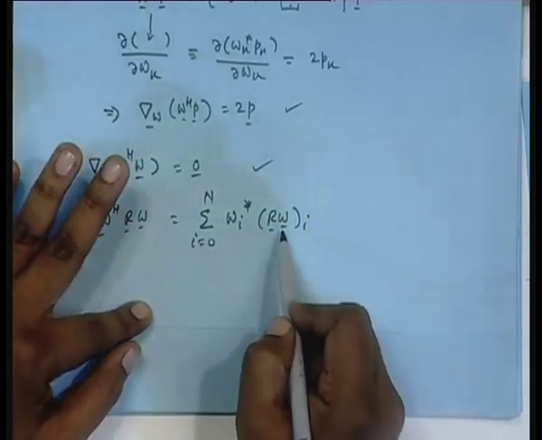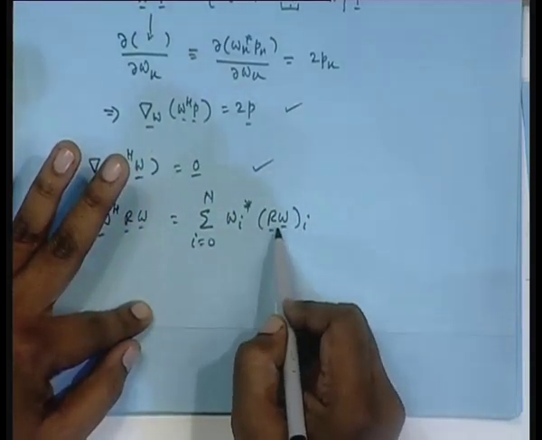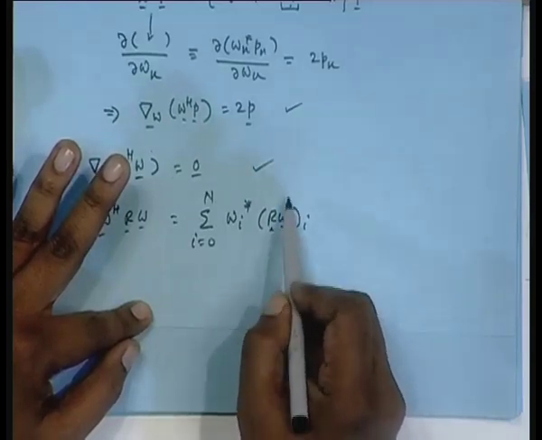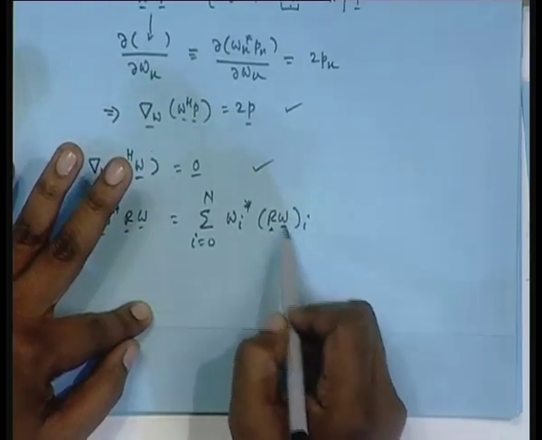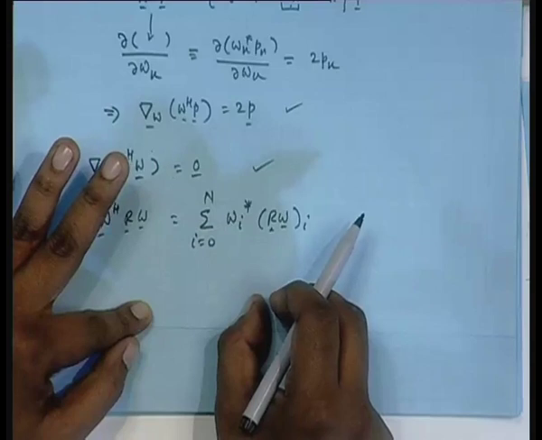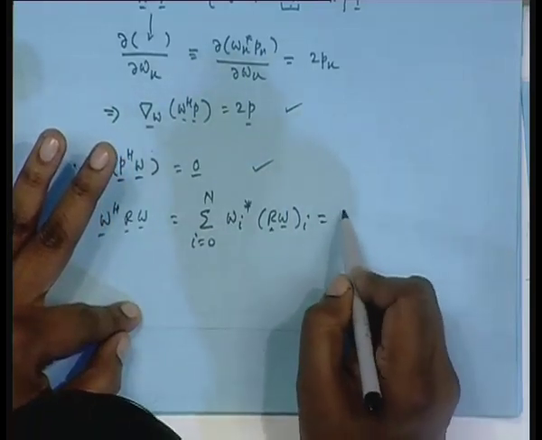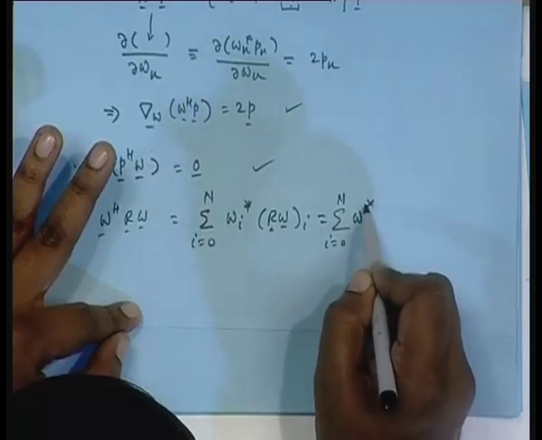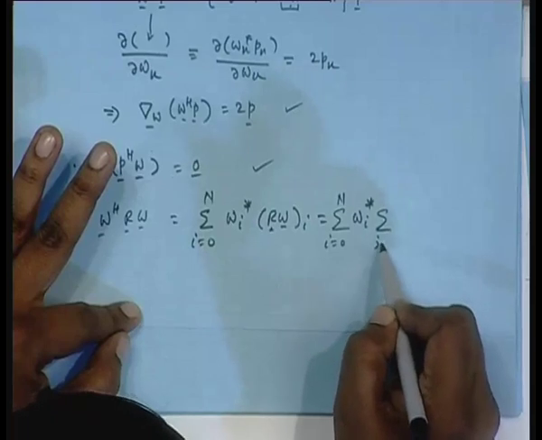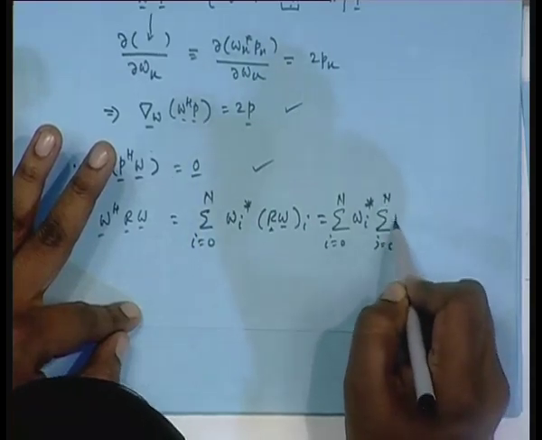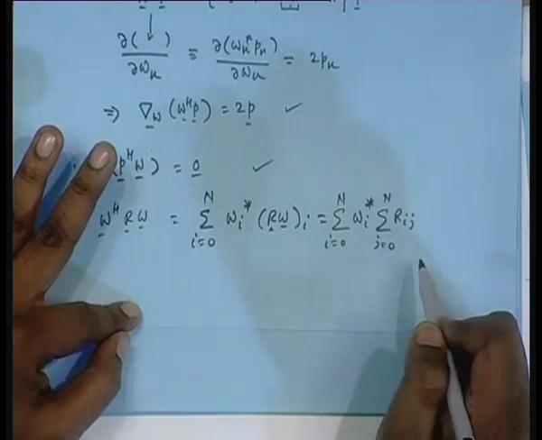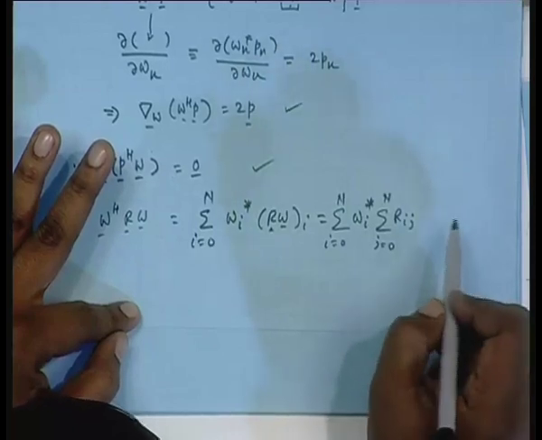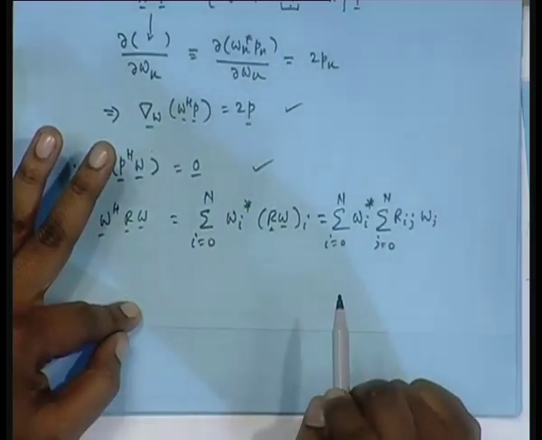And then what is R W? Its ith element means ith row of R times the vector. This is a matrix, this is a vector. So ith row of R times the vector, that will give the ith element of this resulting vector, isn't it? Or R_ij Wj.